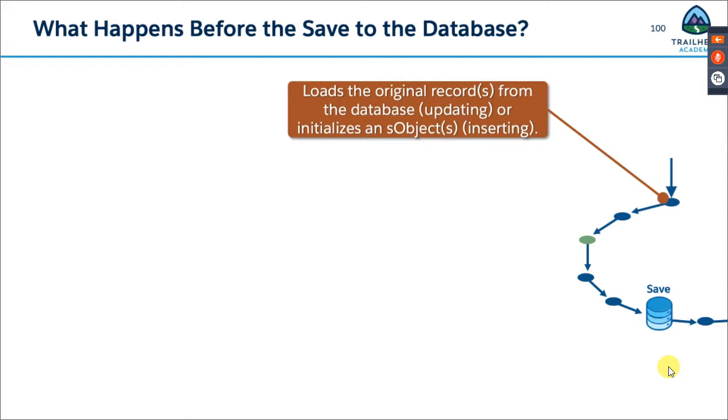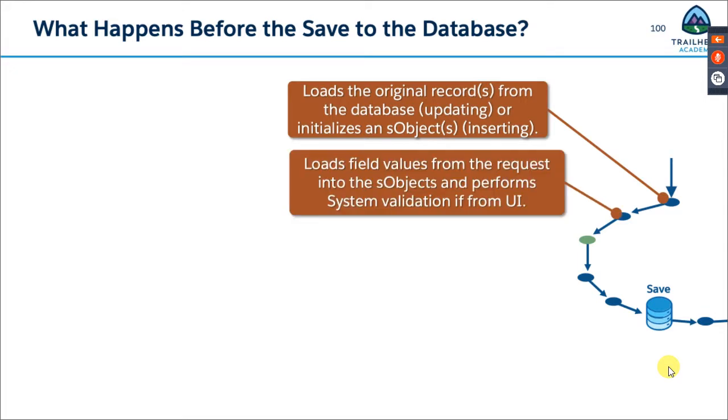If you're doing an update, it will go to the database and bring the records that are on the database, which gives you access to trigger.old. Once the old record has been loaded, it creates a copy in memory and puts the new values that the user just entered on the screen into those records.